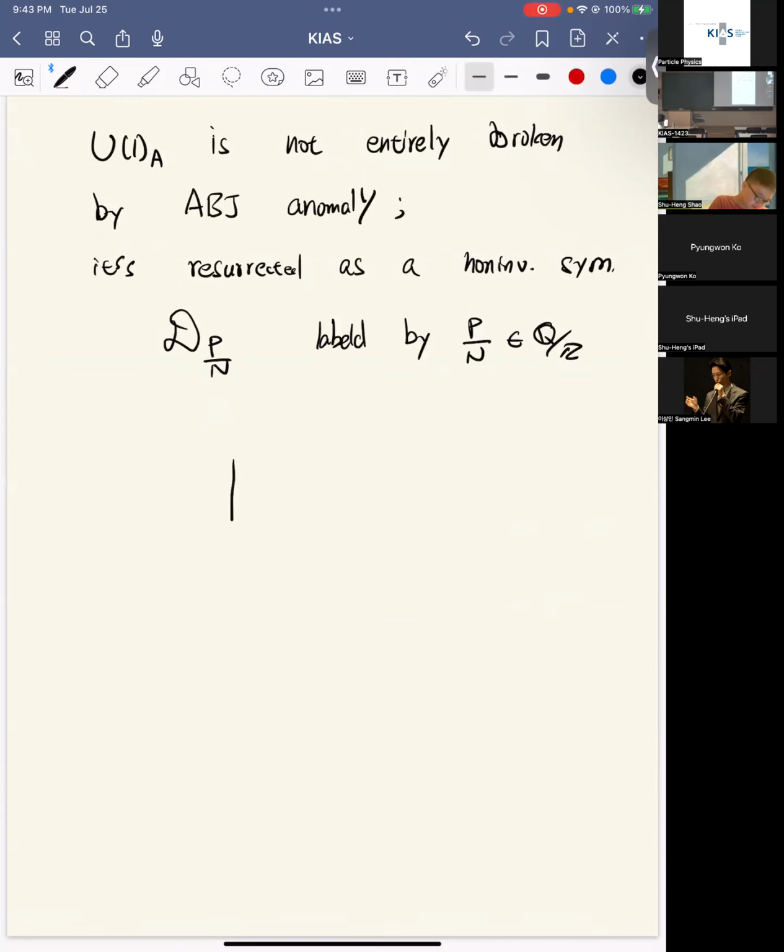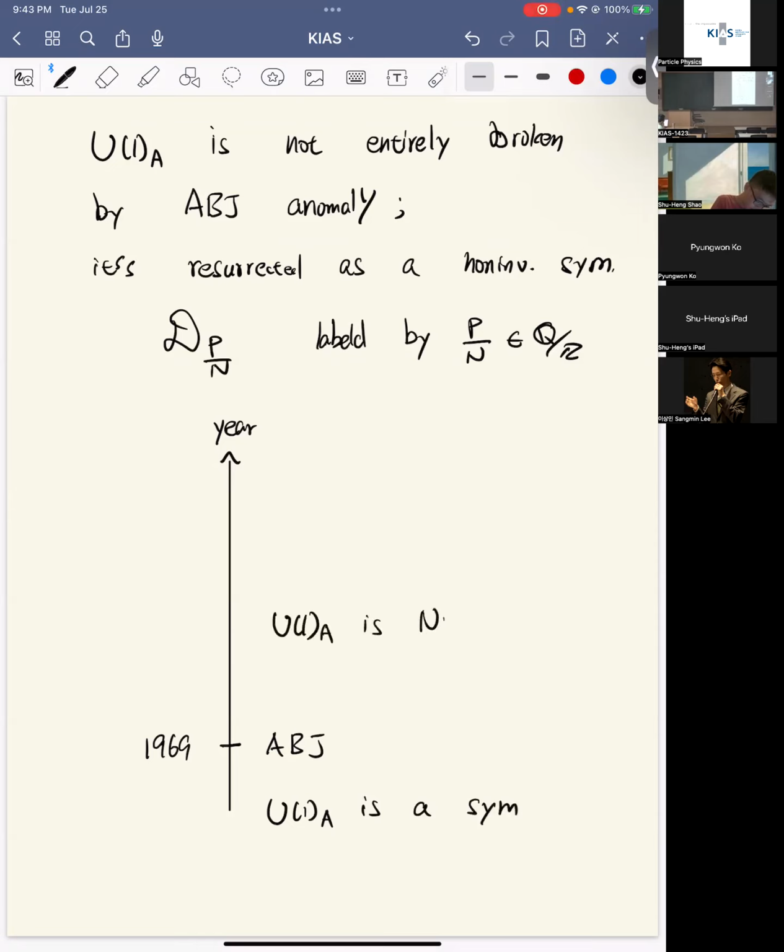Now, looking back at history, it's kind of interesting. So ABJ was in 1969. Before 1969, people thought U(1)_A is a symmetry. After 1969, people thought U(1)_A is not a symmetry. Perhaps a symmetry in flat space-time, but not in general.